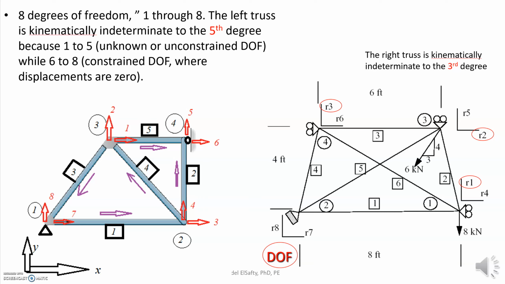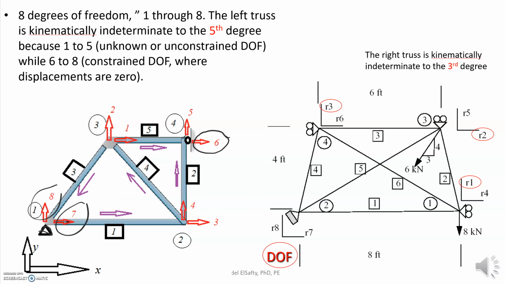But let me ask you something here. Why did we have that kind of numbering system? The whole idea is, look at where the supports are. Here is a support that is constraining and limiting these degrees of freedom, correct? And you have a roller support here that's also restraining. So I'm going to circle the ones that are constrained. Those are the constraints. So let's look at the others. This is free, correct?